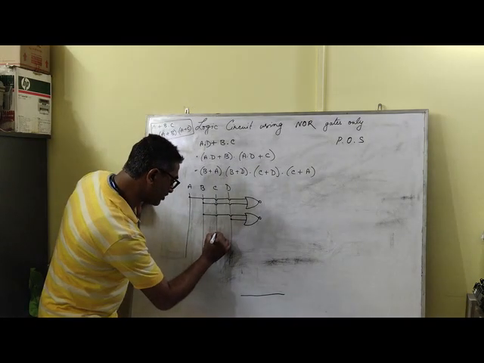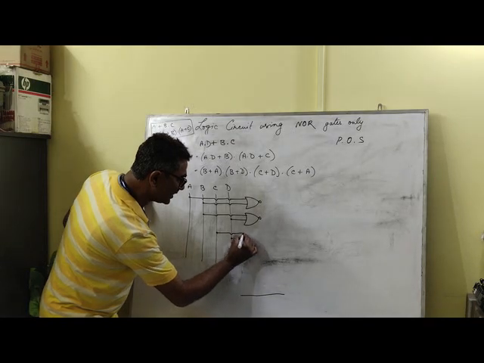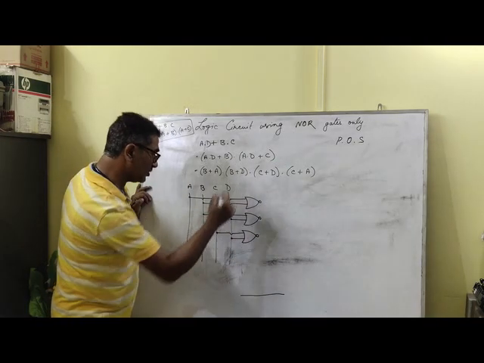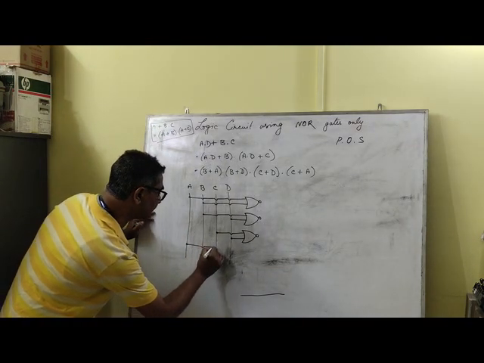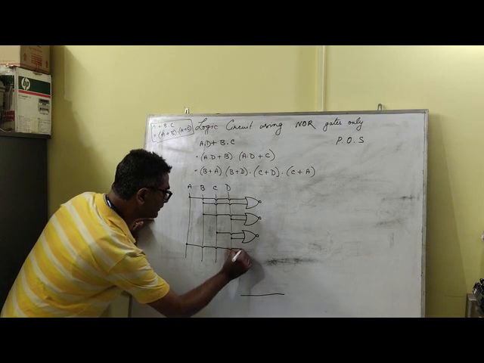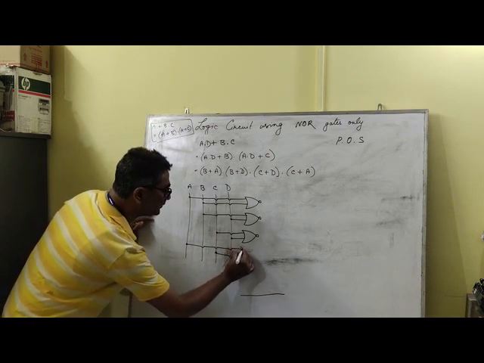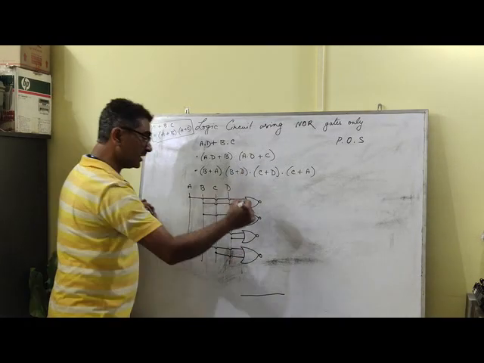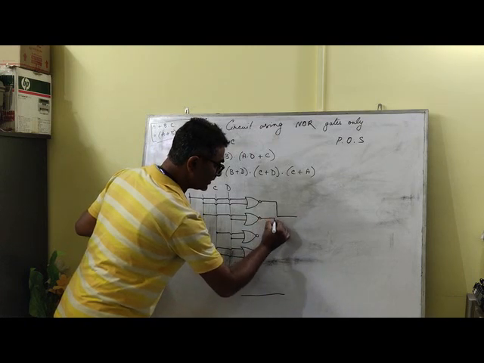C plus D. And then what do we have? C plus A. So from A we'll have 1, and from C. Now all of them are ANDed, but we'll draw NOR gate corresponding to it.